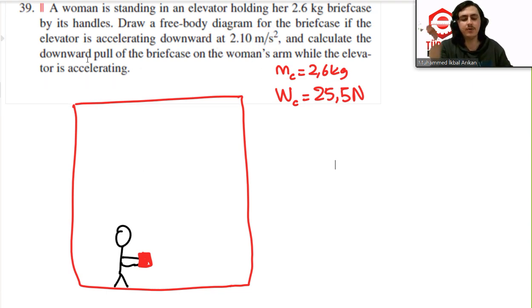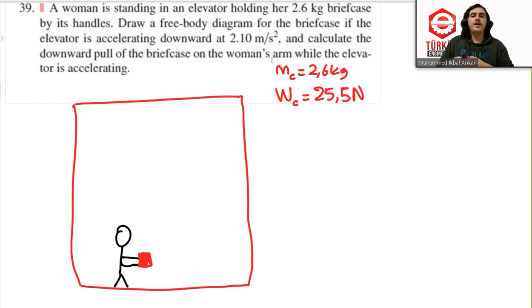Draw a free body diagram for the briefcase if the elevator is accelerating downward at this value, and calculate the downward pull of the briefcase on the woman's arm while the elevator is accelerating. So we must put the free body diagram and see what is the force coming from the woman's arm. That will be the weight felt by the woman.